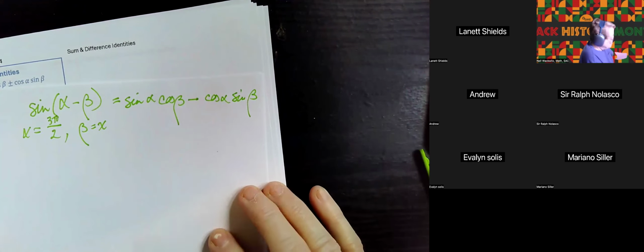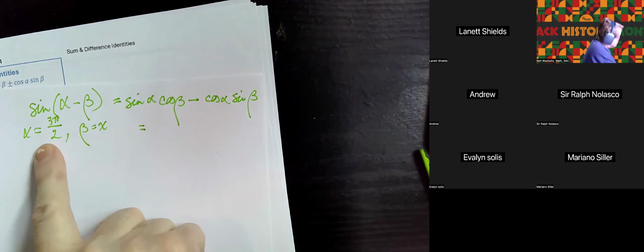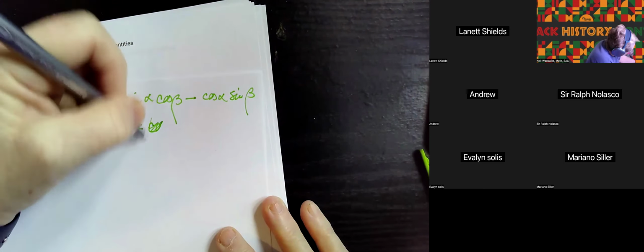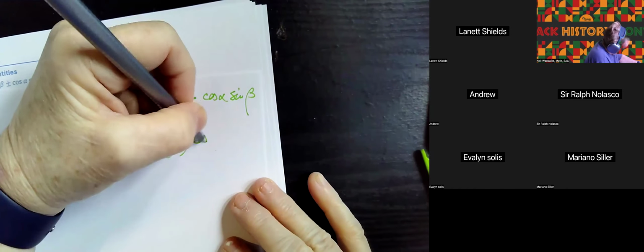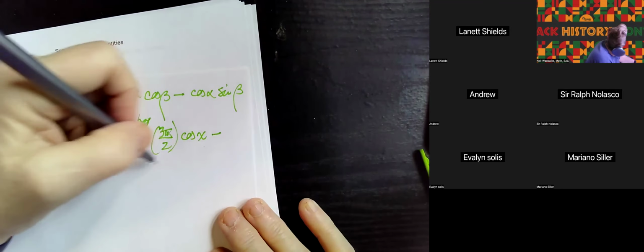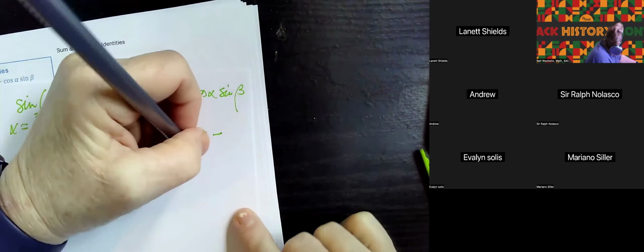Gosh, I don't see how this is helping us, but let's go ahead. We said that alpha was 3 pi over 2. So we have the sine of 3 pi over 2 cosine x minus the cosine of 3 pi over 2 sine x.